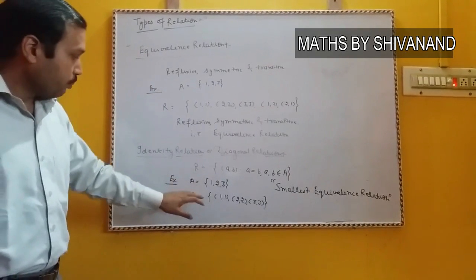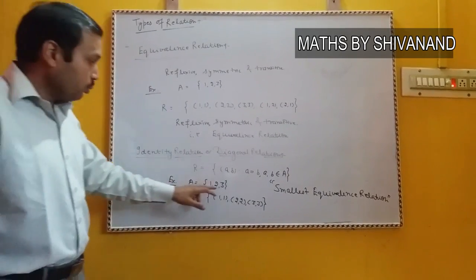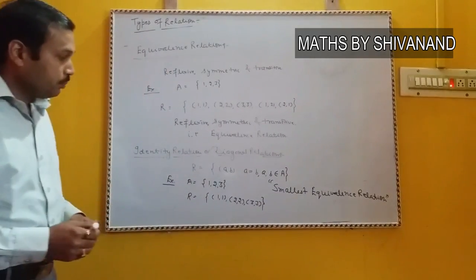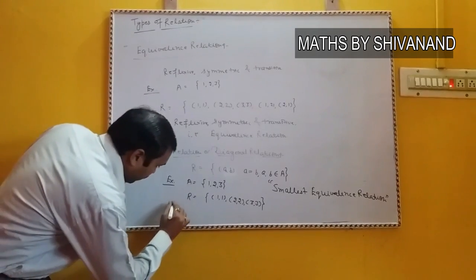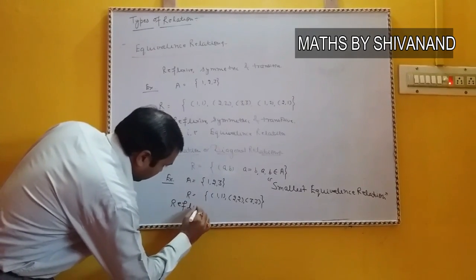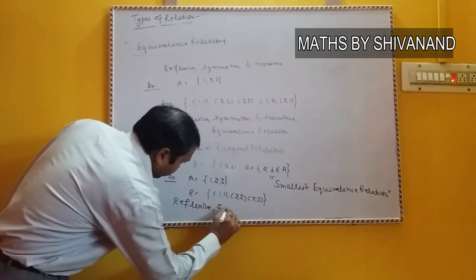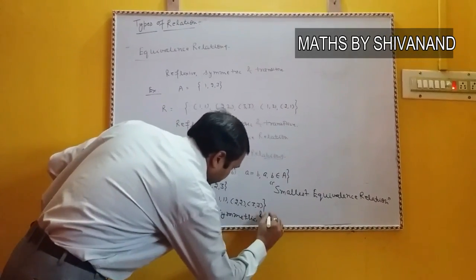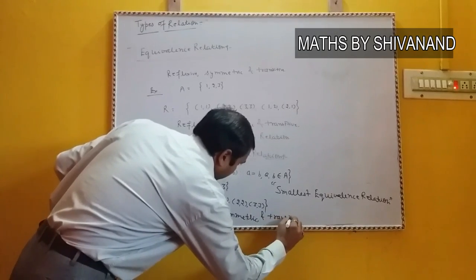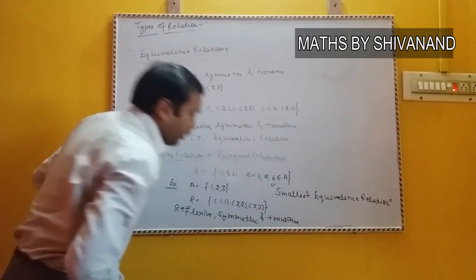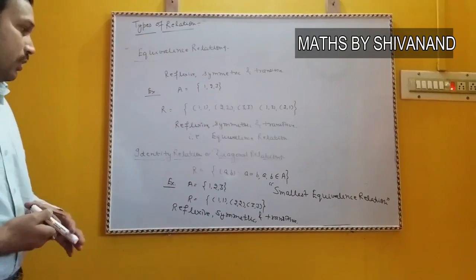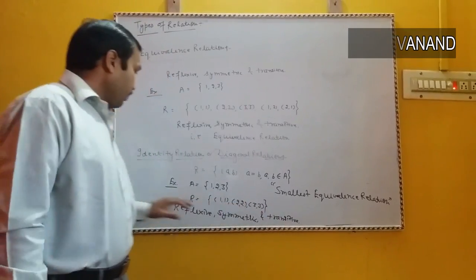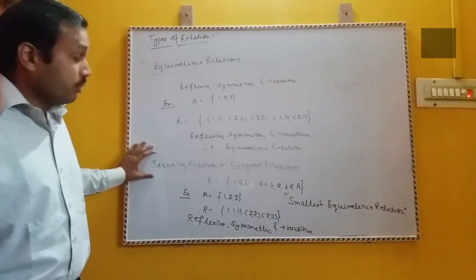For example, if we consider elements on set A = {1, 2, 3}, then R = {(1, 1), (2, 2), (3, 3)}. This relation is reflexive, symmetric and transitive. The proof that it is reflexive, symmetric and transitive, I will give in the next lecture.